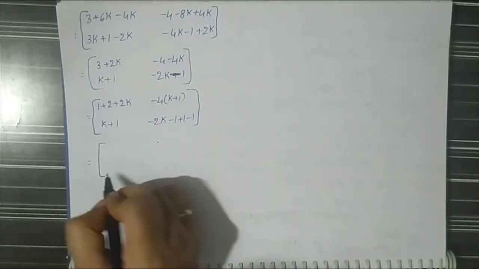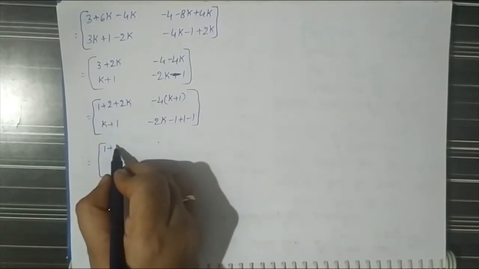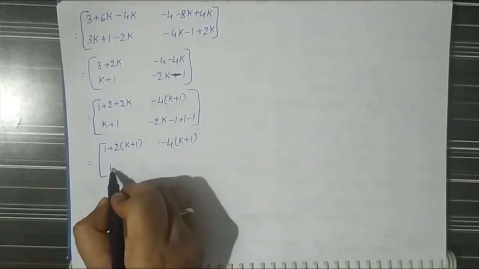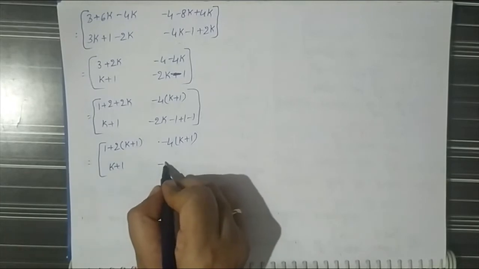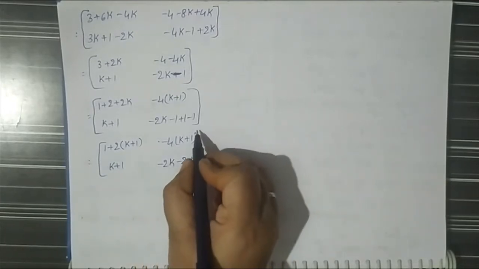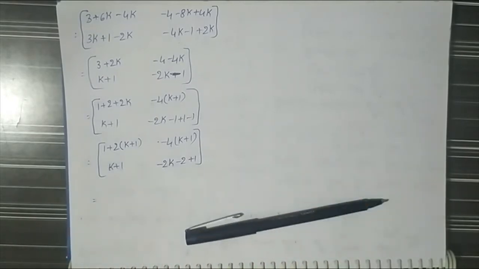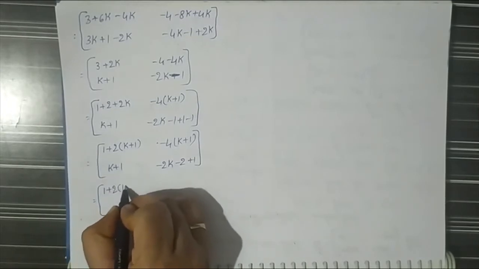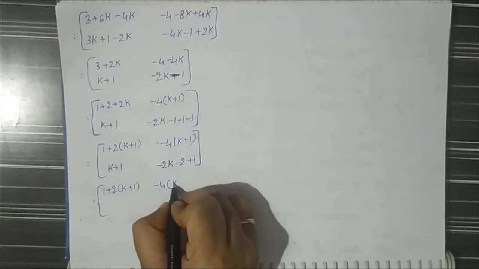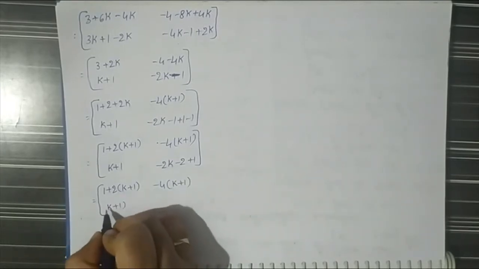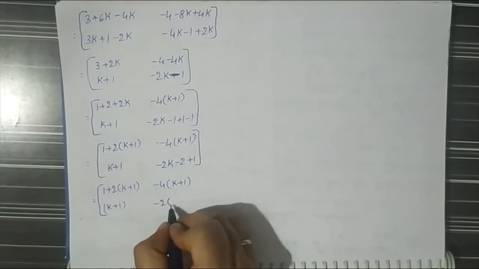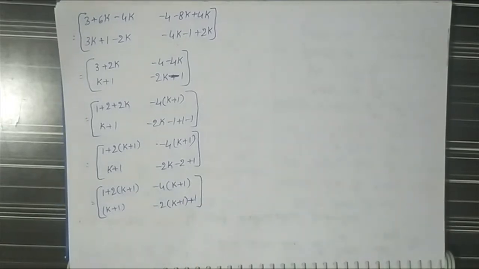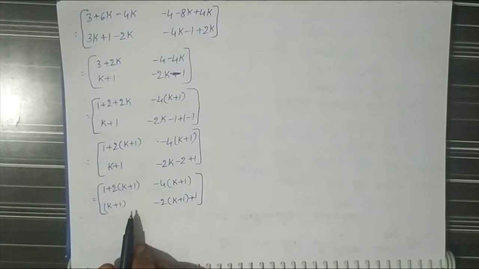That is equal to 1 plus 2 into (k plus 1), minus 4 into (k plus 1), k plus 1, and here minus 2k minus 2 plus 1, taking minus 2 as common, minus 2 into (k plus 1) plus 1. This is our A power k plus 1 matrix.